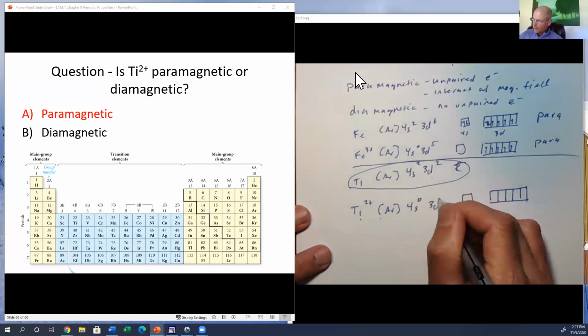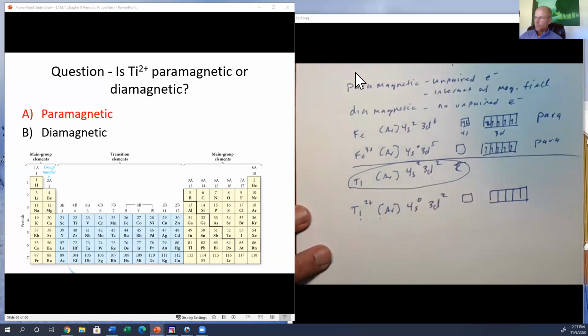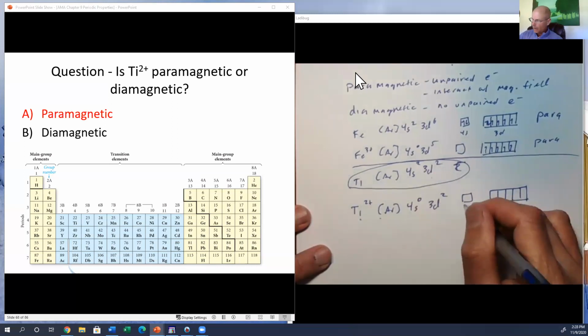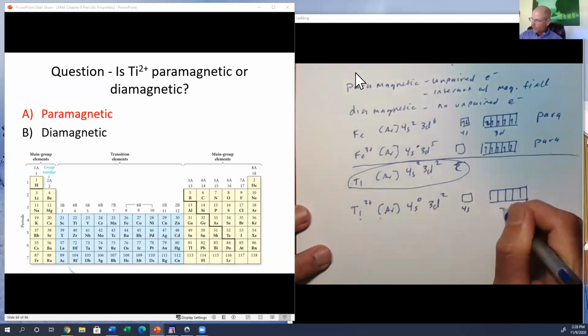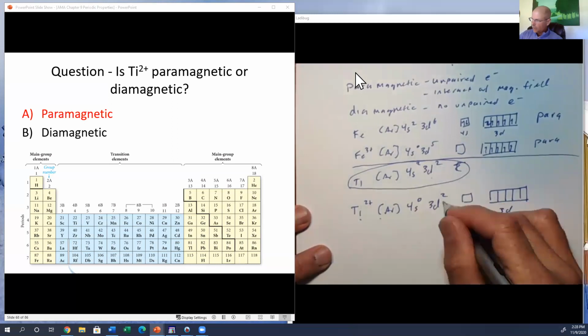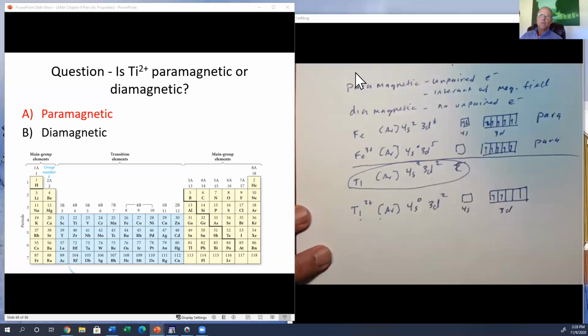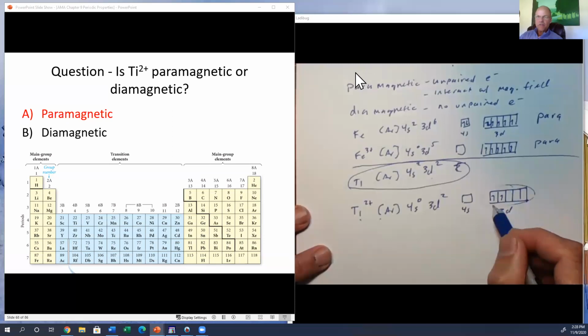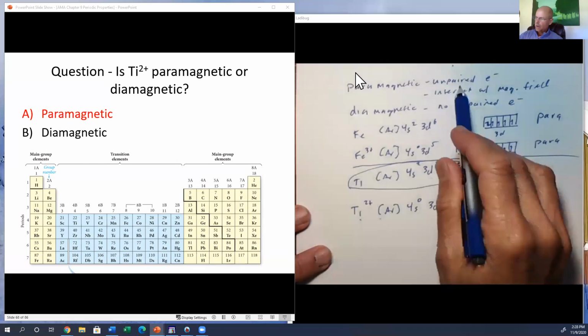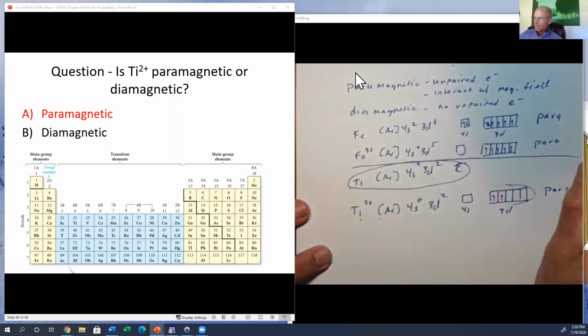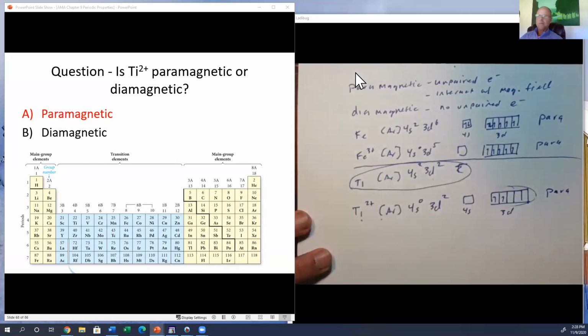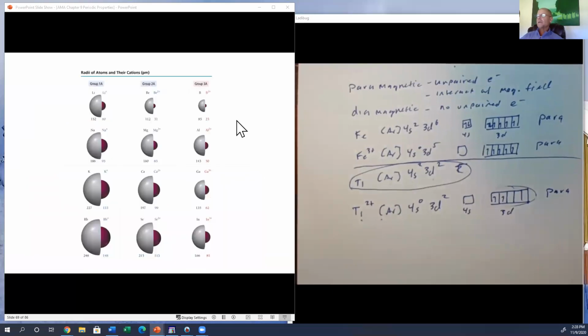So this is 4s0 3d2. When you draw the orbital diagram, this is the 4s orbital, these are the 3d orbitals. You're going to have 2 electrons in the 3d orbitals, and notice, because of that, they're unpaired. Unpaired means it's paramagnetic. Don't forget. Okay, very good.